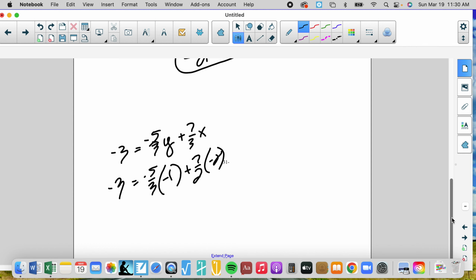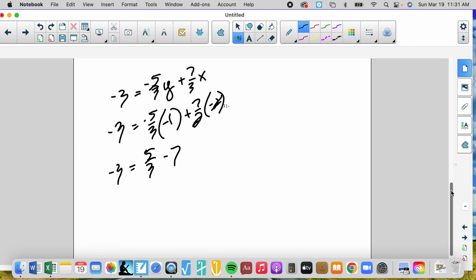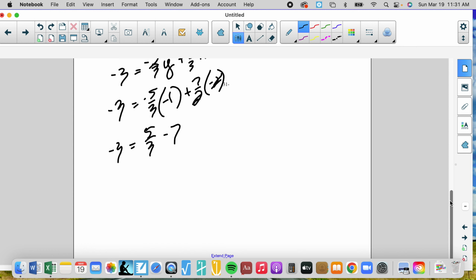Okay, so I get -3 equals +5/3. These are going to cancel, -7. Oh, Mr. Mac made a mistake somewhere. So we like this, right? 5/3, -21/3, which gives me -16/3, does not equal -3.